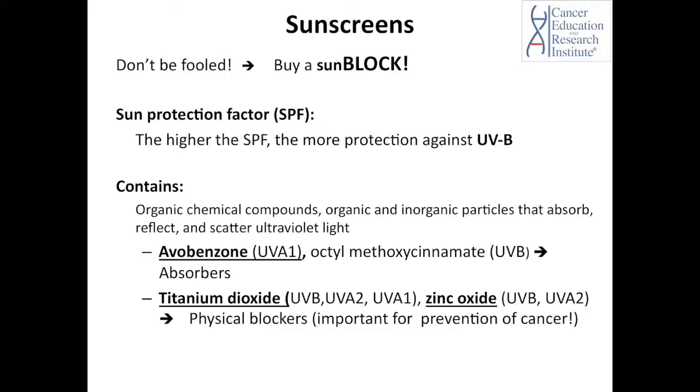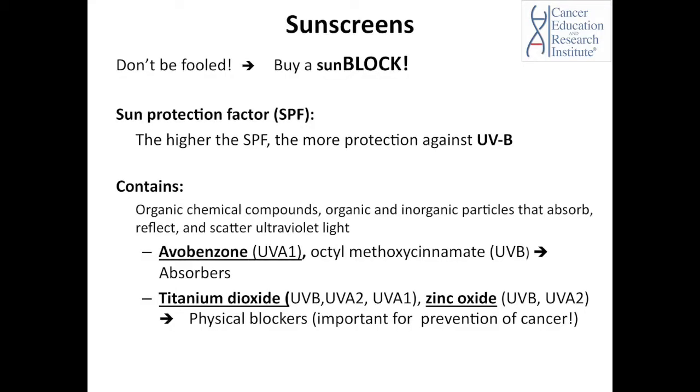And do not be fooled by the sun protection of the sunscreens. What you need to use is a sun block. The reason why I'm saying this is because sun blocks contain certain molecules, organic or inorganic molecules, that either absorb the sun radiation deep in the skin and scatter from there, or reflect it from the skin surface.